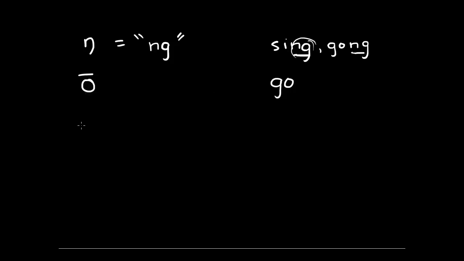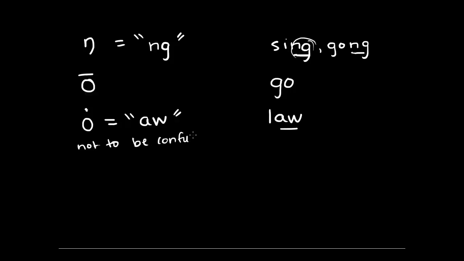Then we've got an O with one dot over it, and I wouldn't call this the short O, but it's kind of what it is. It's basically like an AW sound, as in law. It shouldn't be confused, let me write this as a note, with A with two dots.